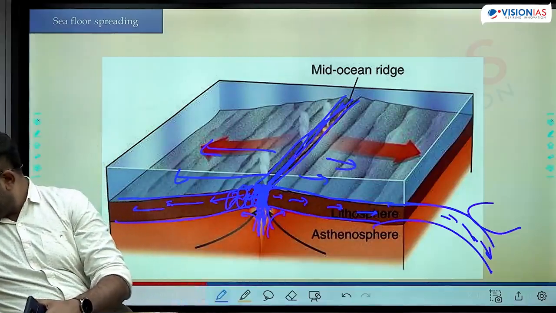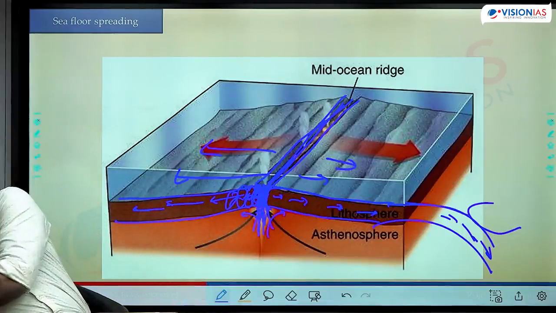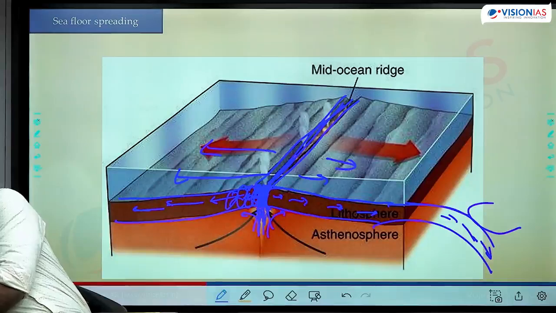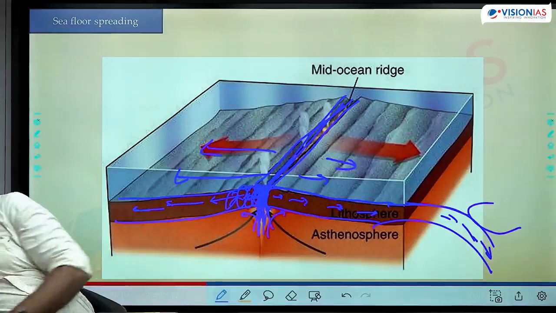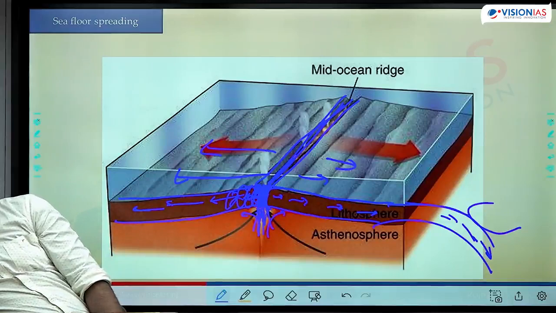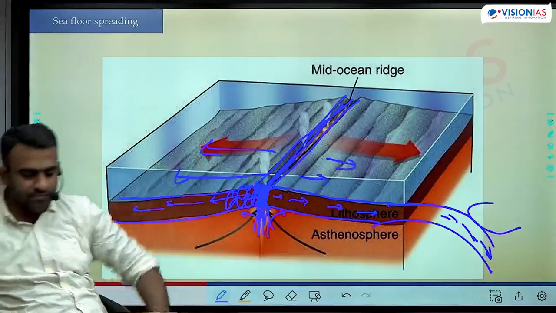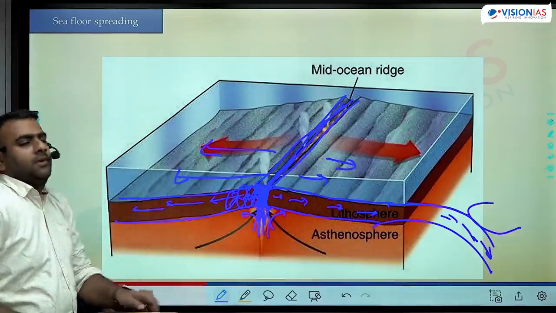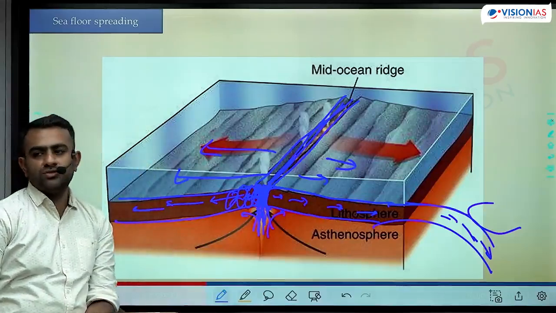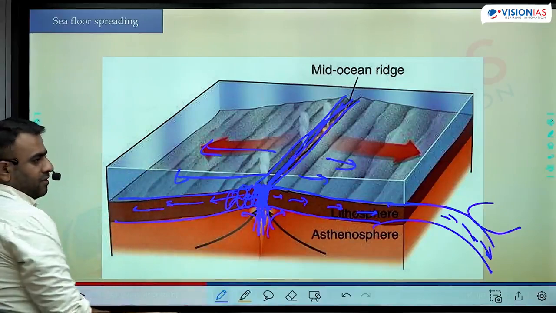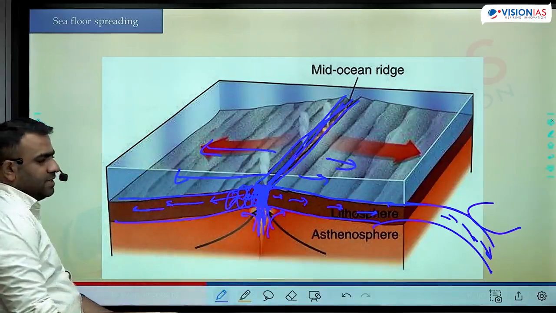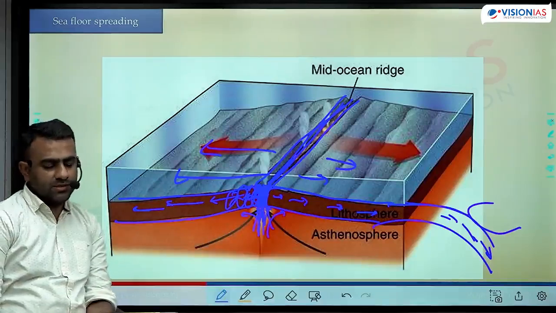Now, how does the seafloor spreading theory act as a connecting link between continental drift and plate tectonics? It is considered to be a very crucial link for continental drift and plate tectonics.